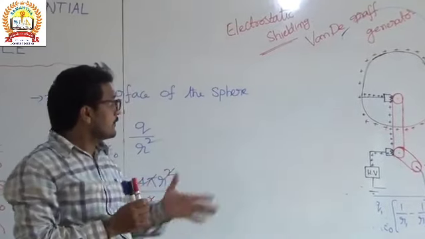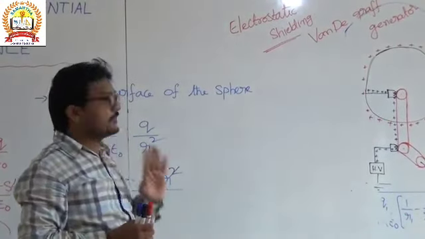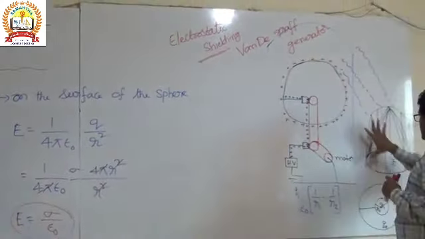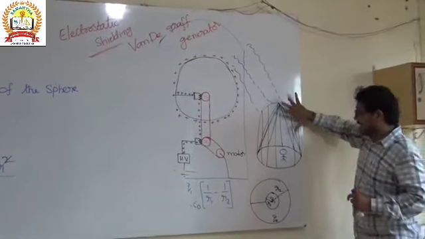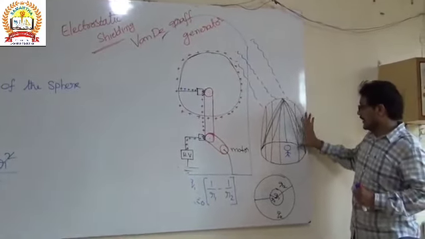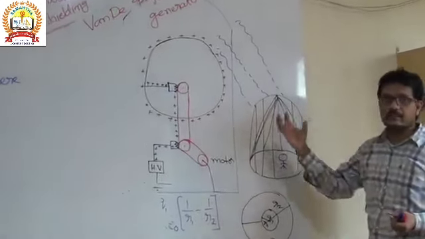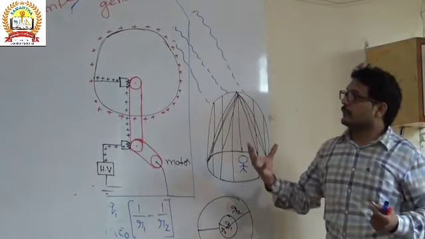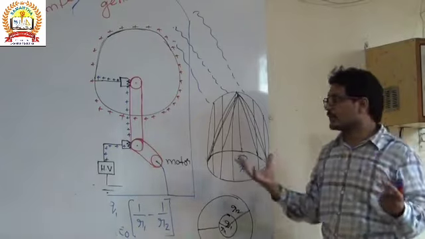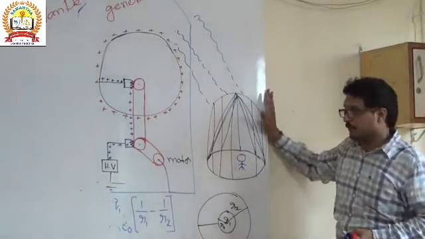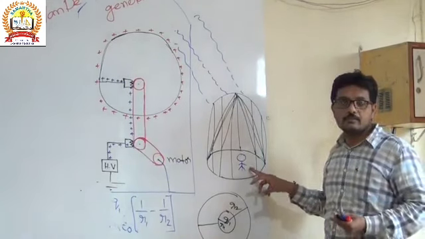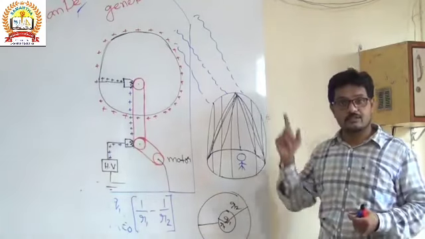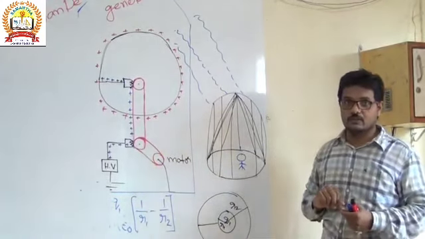For that case, we take the example of the Van de Graaff generator, and here is a metal cage, and inside the metal cage a person is sitting. The Van de Graaff generator produces a high energy beam, and the sparks strike this metal cage, but there is no effect on the person because we know that the electric field inside the conductor is 0. Electric field E equals 0.